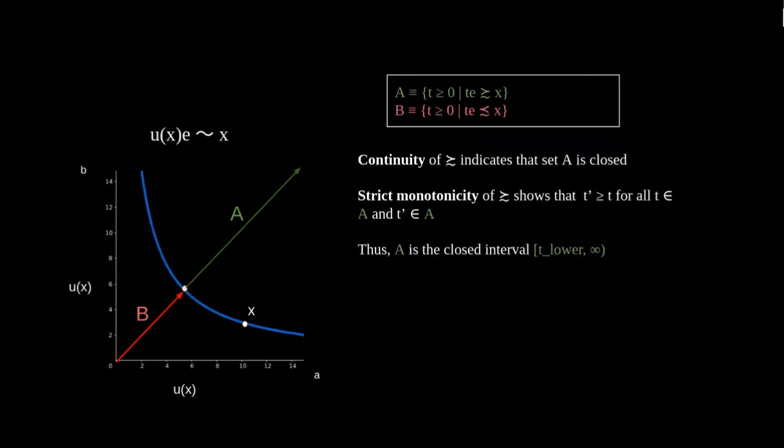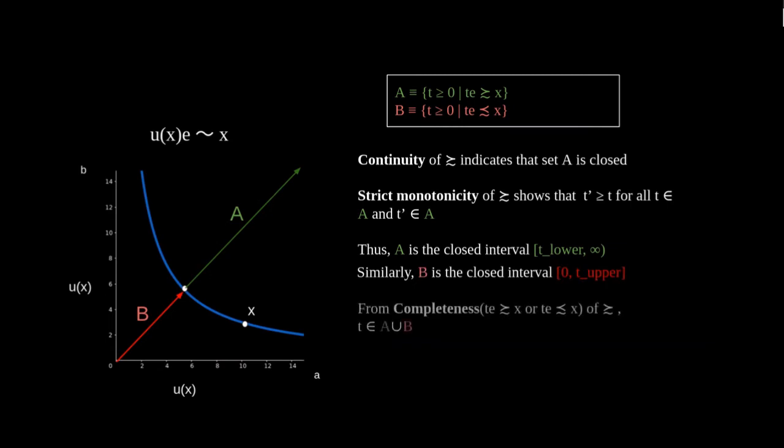From the axiom of continuity and strict monotonicity, subset A is closed and T in subset A will increase as the quantity increases. Thus, the subset A is a closed interval from T lower to infinity. In the same way, you can conclude that the subset B is the closed interval from 0 to T upper.